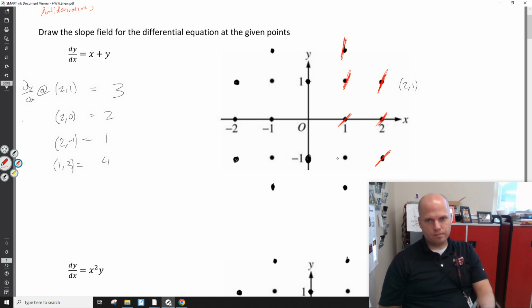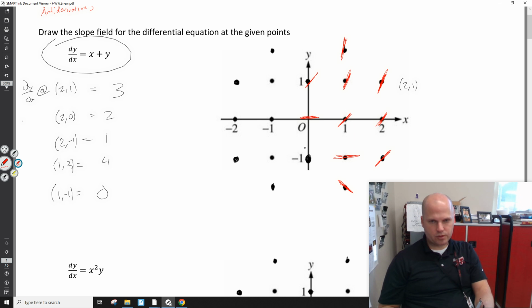1, -1. If I plug in 1 and -1 into, again, I'm plugging it into here, if that wasn't clear. The slope would be 0. 1, -2. Now I have my first slope of -1. And we're just going to keep going. 0, 1, the slope is 1. 0, 0, the slope is 0.